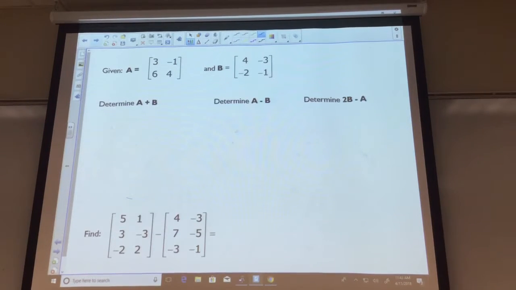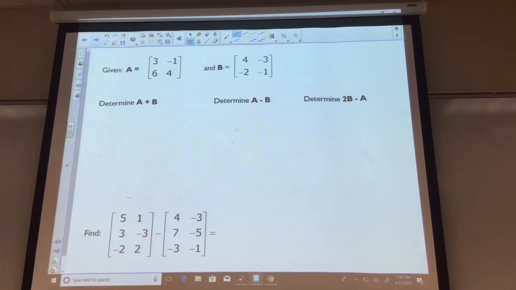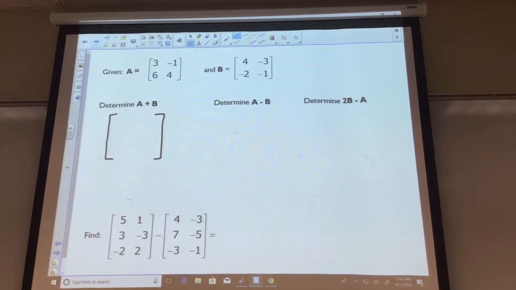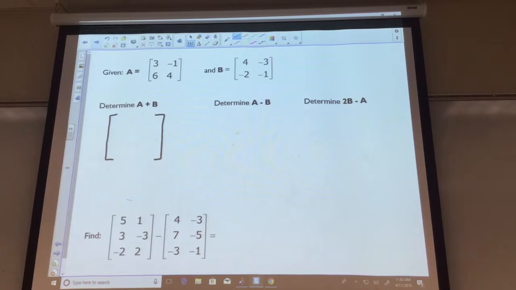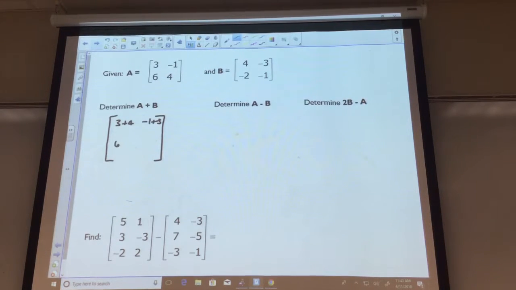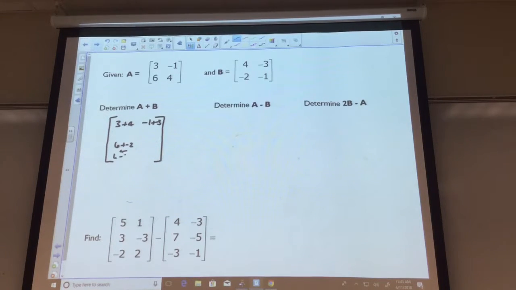So up here, if asked to show your steps, would we be able to defend A plus B? What would your intermediate step look like? 3 is going to be added to 4. -1 is going to be added to -3. 6 is going to be added to a -2. And if you wanted to, you could have written 6 minus 2.